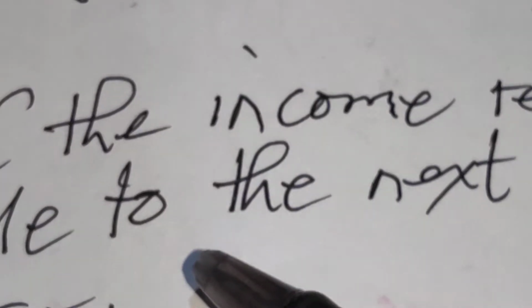Okay. Number 5. Of the income received, 9,000 is applicable to the next accounting period.